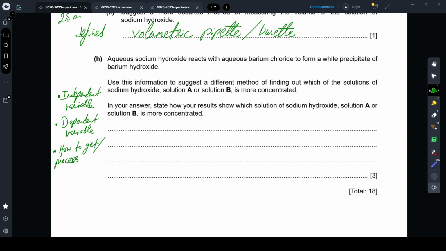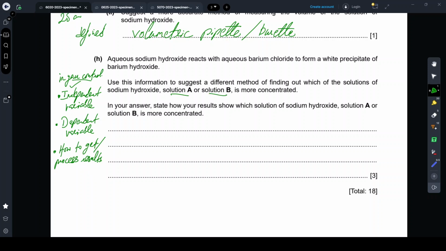In this question, we have to compare the concentration of both solutions. So you don't know what the concentration is. Right now, you're just trying to get which one is more concentrated. So first of all, what is the independent variable? Do you know what independent variable means? That doesn't depend on other. Yeah, so this is the one that is in your control, which is solution A and solution B. So you've got two different concentrations in this case.